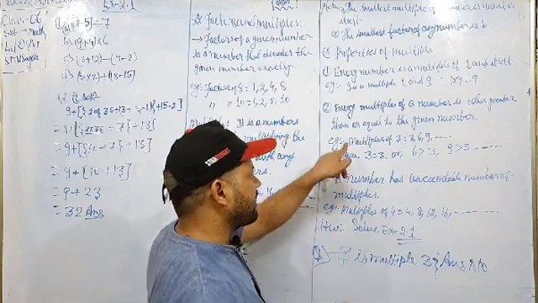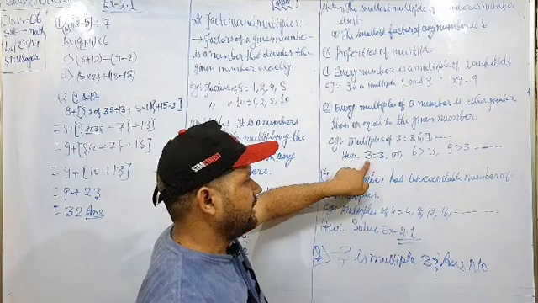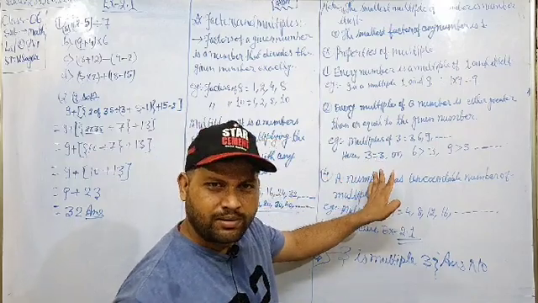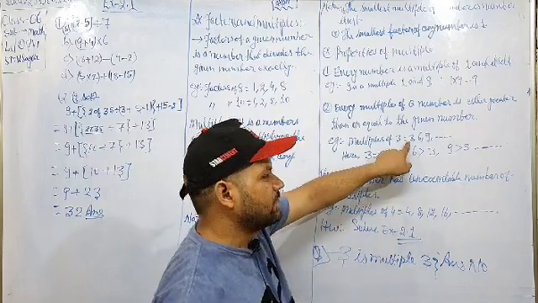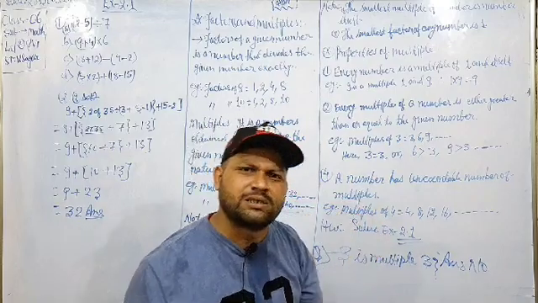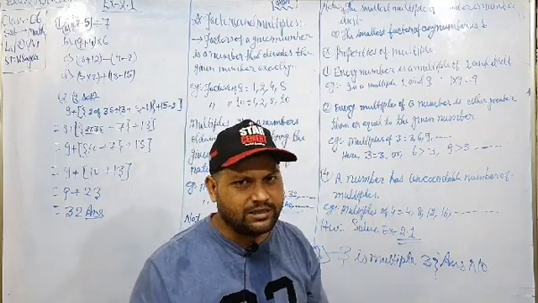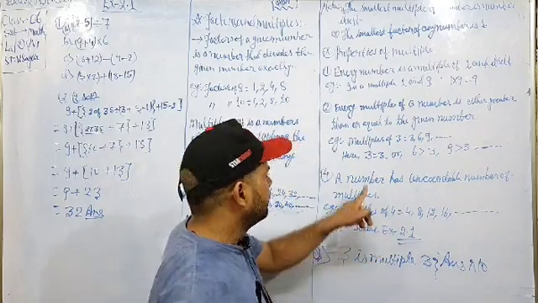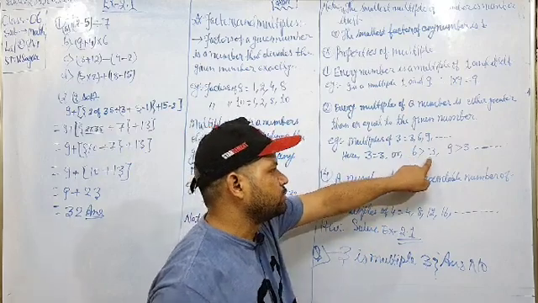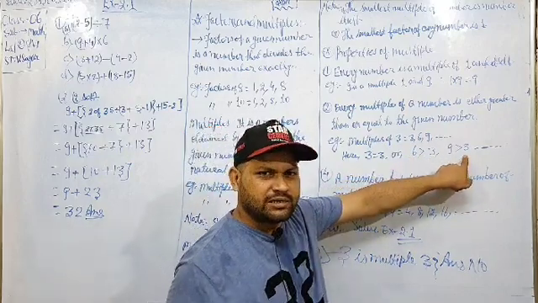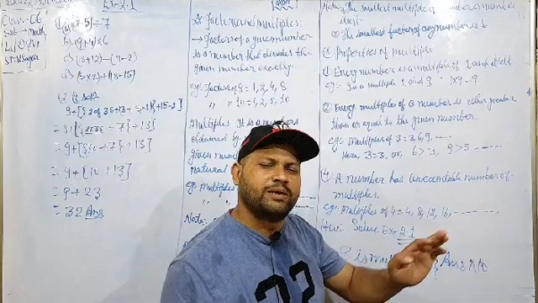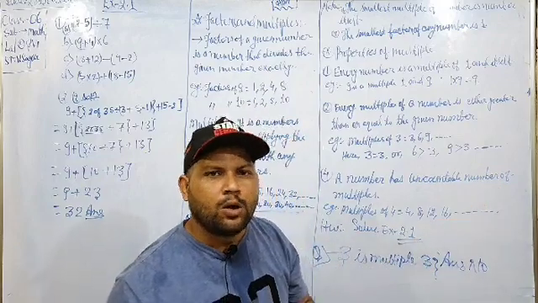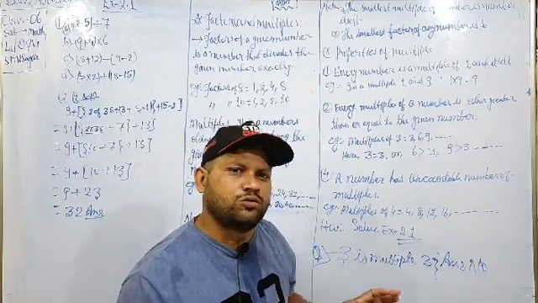Understood? That's why I have written here that 3 is equal to 3, then it will be a multiple, and the smallest multiple of any number is the number itself. You can say these things in other words. And 6 is also greater than 3, 9 is greater than 3. All the multiples will be greater than 3 or equal to 3.